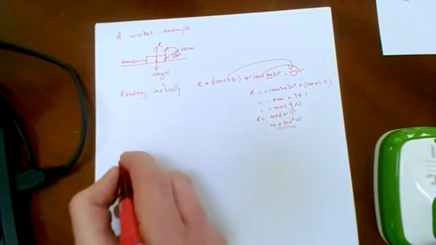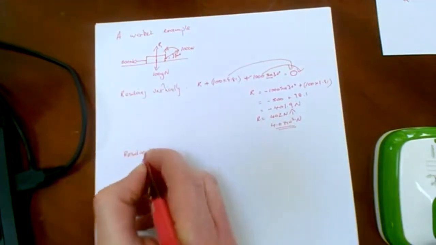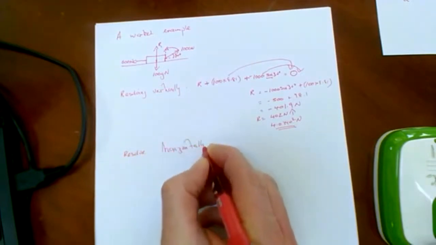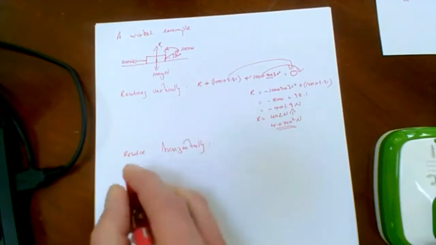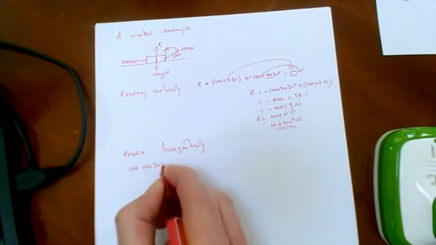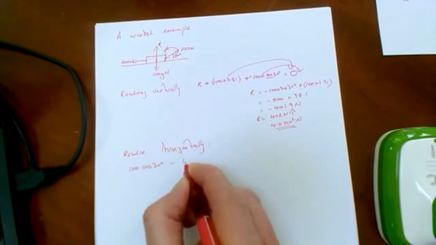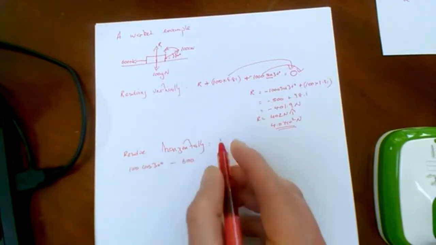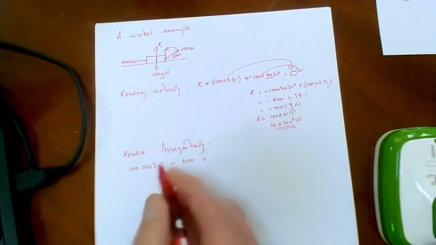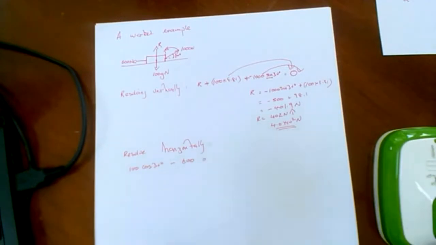If we then resolve horizontally, we have 1000 cos 30 degrees minus 600 is our resultant force horizontally, unless of course 1000 cos 30 ended up being 600, which it won't. The cos of 30 of course is root 3 over 2.